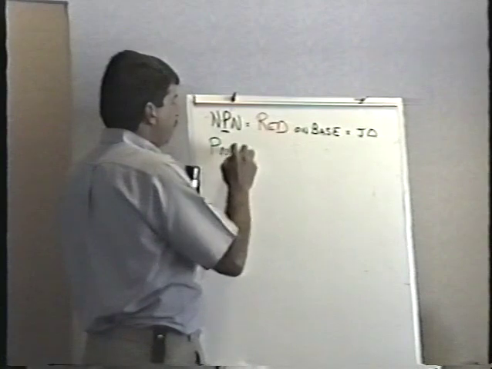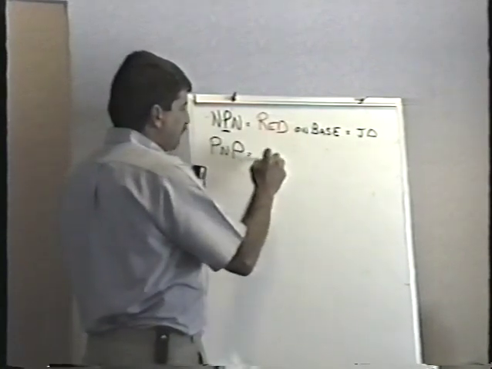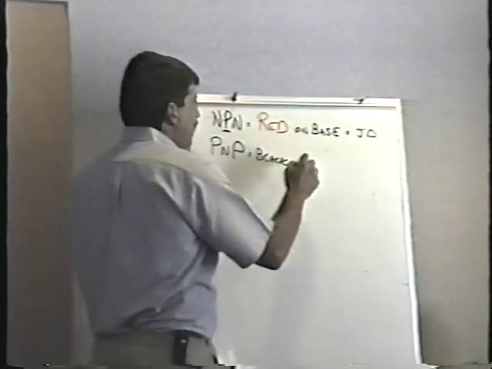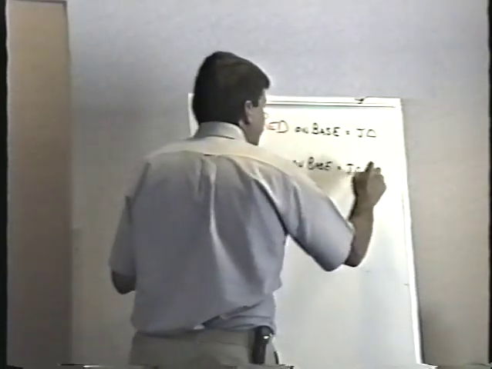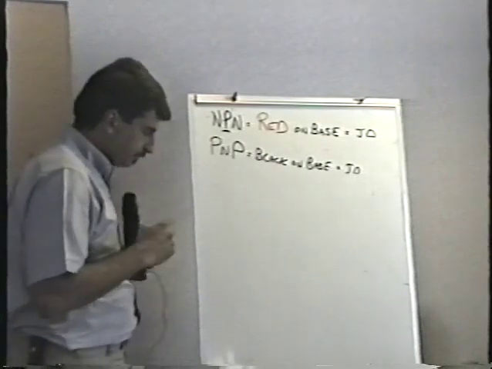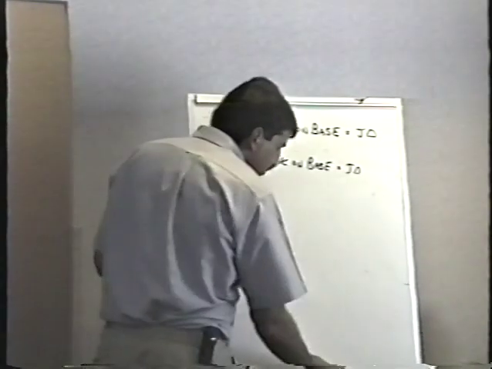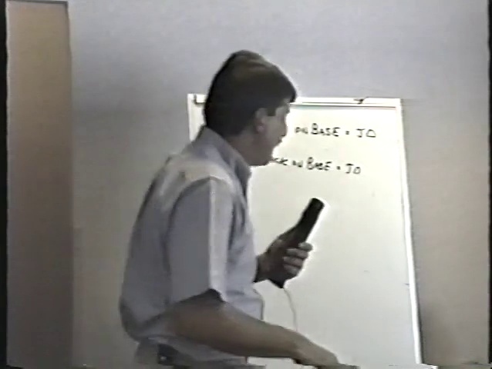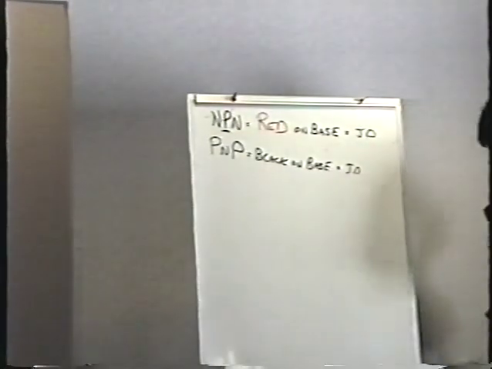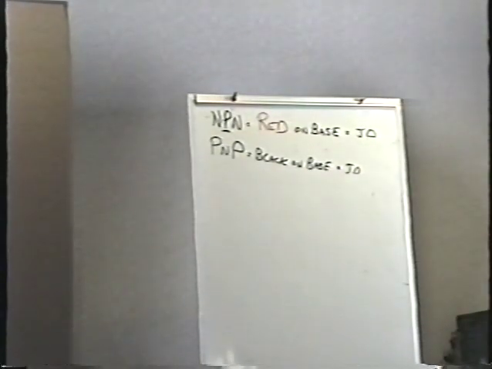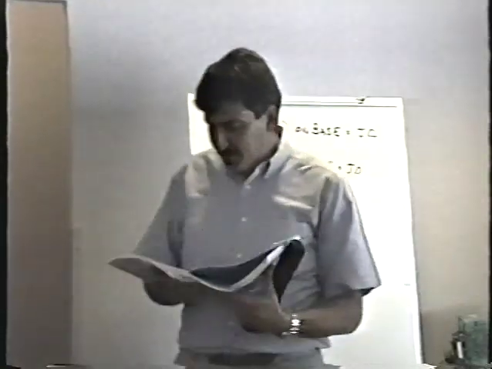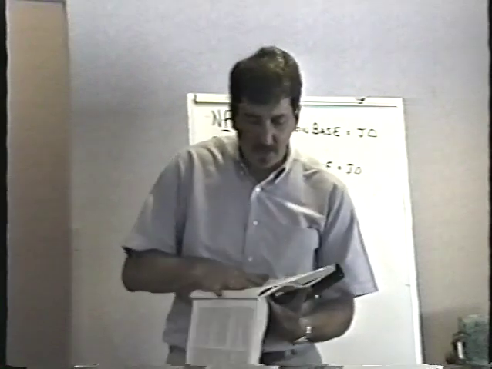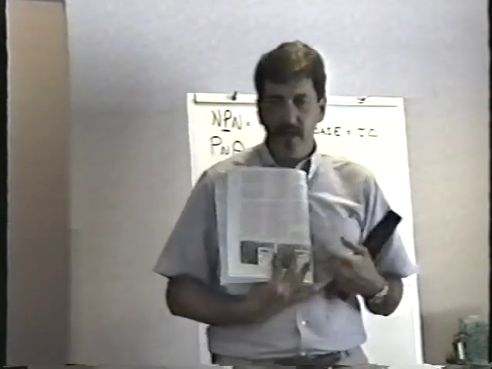On the other hand, a PNP transistor, when you have the black on the base, that's when you get your junction drop reading. And if you look at that chart, that's exactly what the chart on page 10 is showing you. What the chart on page 10 is showing you is where to put your black meter lead, where to put your red meter lead, and the reading you should get if it's NPN or PNP.